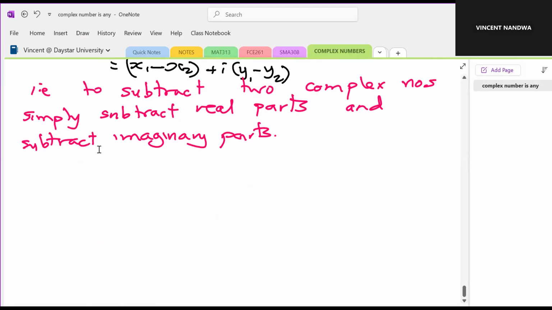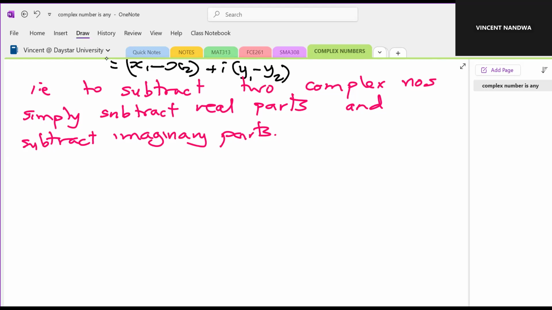So that's how we do the addition and subtraction.